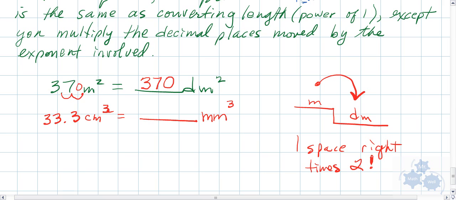So we're talking about a volume now, three-dimensional. If this is 33.3 centimeters cubed, what is that same volume in millimeters cubed? So go ahead and do that.